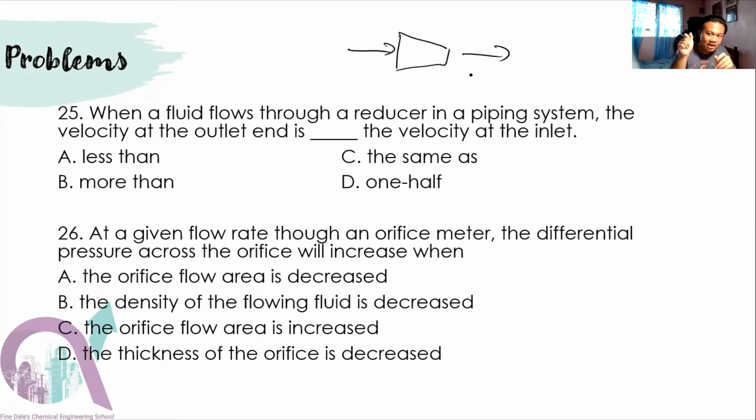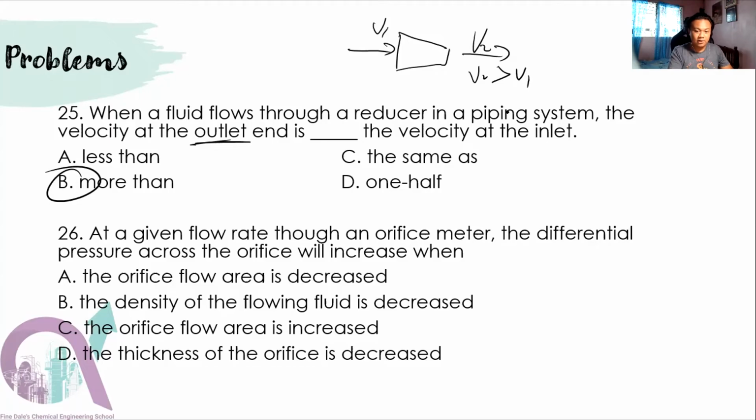If you reduce the area through which the water will flow, the velocity of the water increases, di ba? So meaning it is more at the outlet. So V2 is greater than V1 based on experience.